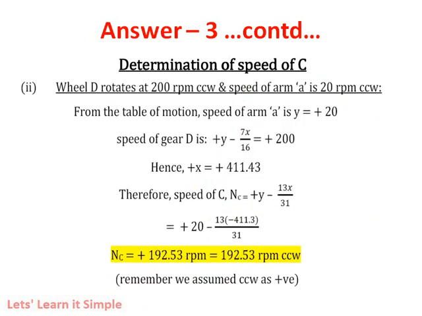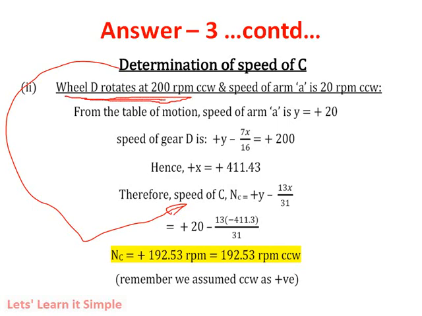Now the second part is, again we need to find the speed of gear C. The speed of gear C for this condition, that is wheel D is 200 rpm. From the table of motion, the speed of gear D is plus y minus 7x by 16, which is 200 rpm clockwise.